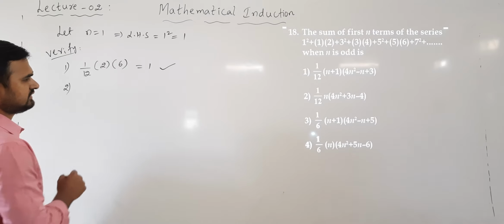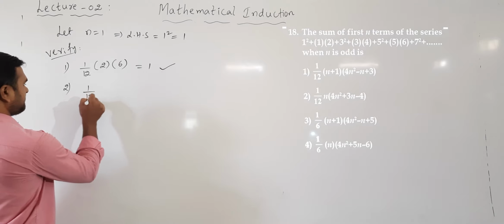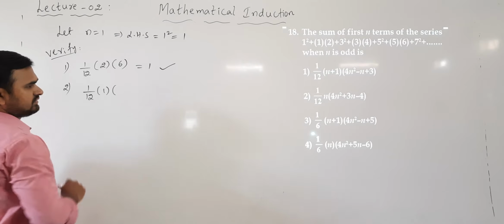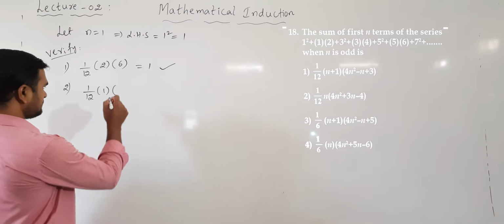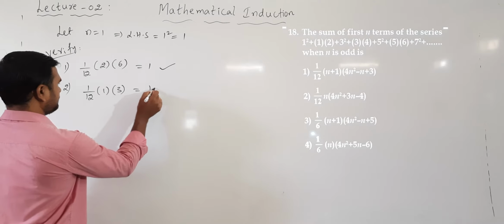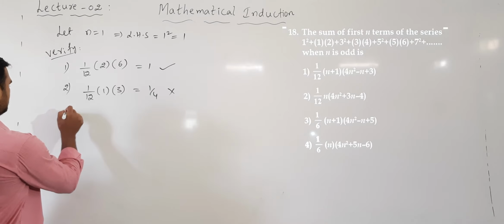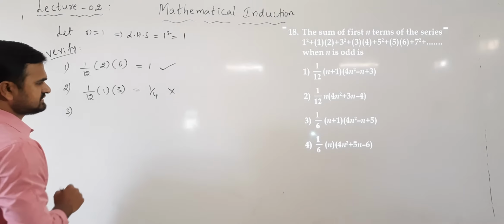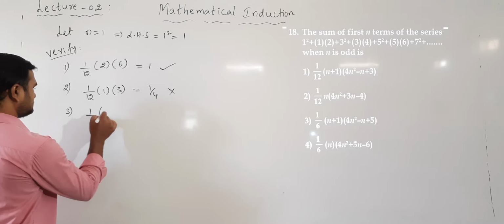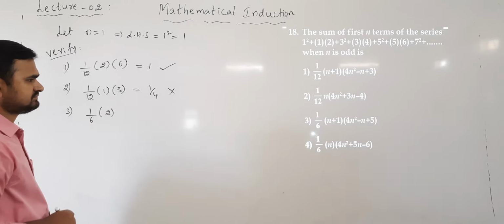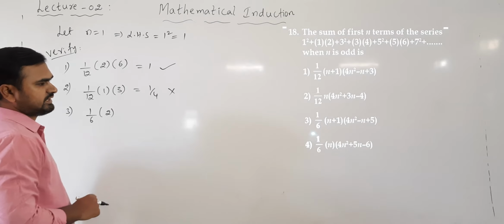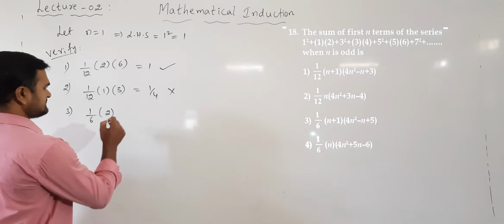Second option, n is 1. So 1 by 12 into 1 into 3, which is 1 by 4. So this cannot be the answer. Next, third option, n is 1 by 6 into 1 plus 1 into 4 minus 1 plus 3, which is 8.